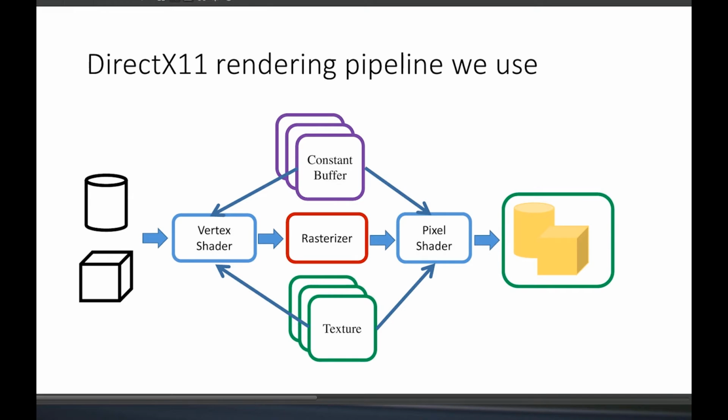The rasterizer will clip or discard all the geometry that is outside the frustum. Also, it will interpolate the properties stored in each vertex to each pixel. And also, it will project the three-dimensional frustum into a two-dimensional rectangle.